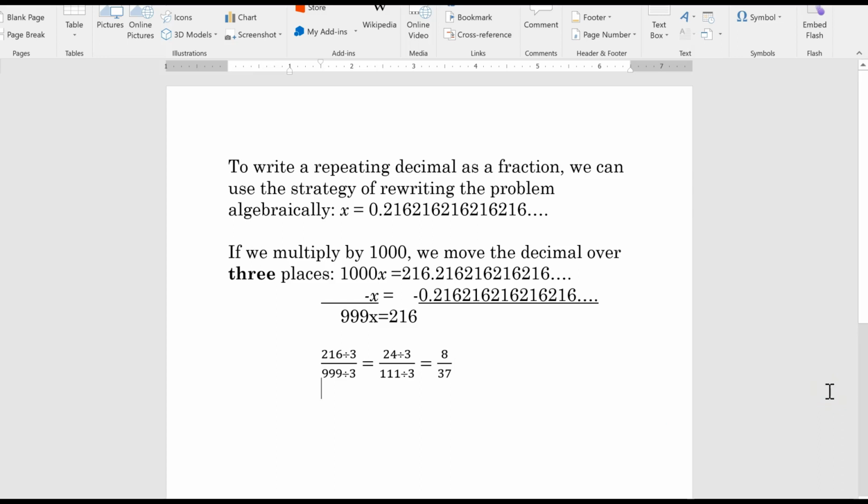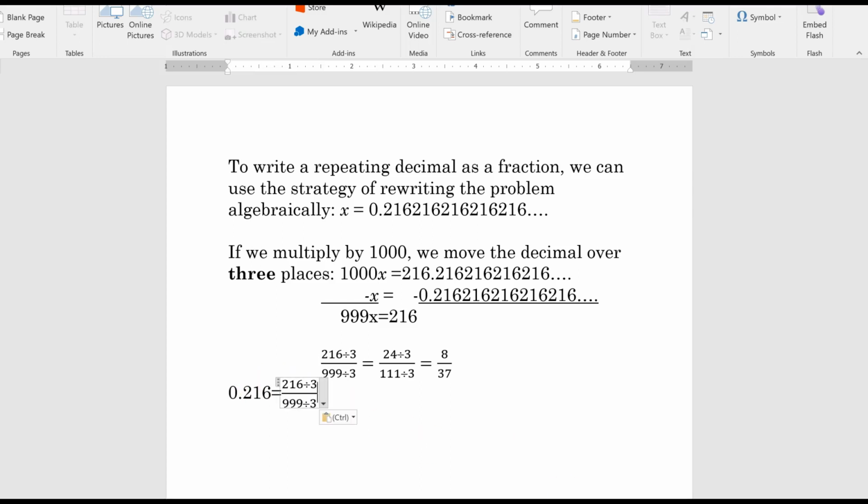Remember that if you have a decimal that ends, all you do is put it over the power of 10. So if I just had 0.216, I wouldn't need to go through all this mess if it's not repeating. Then I would just do the fraction 216 over, do you remember? What would you put 216 over if it didn't repeat?